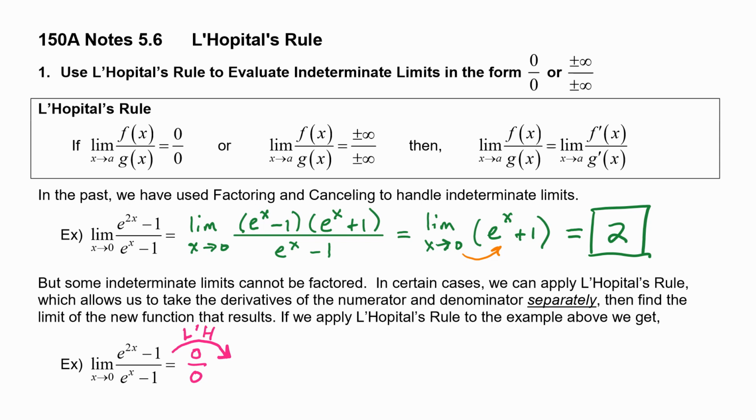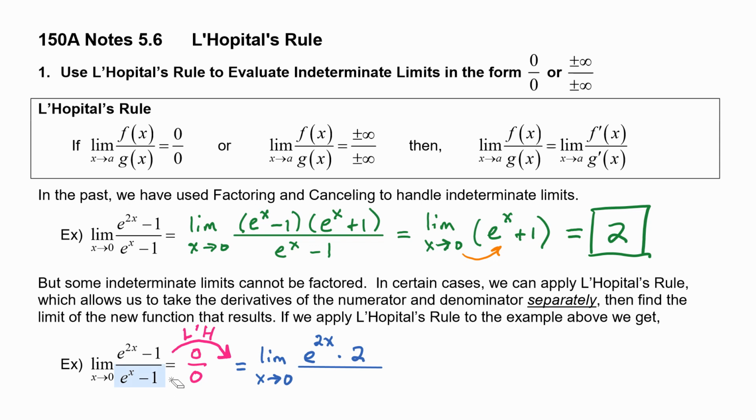So if we apply L'Hopital's rule, then this becomes the limit as x approaches 0. Now, L'Hopital's rule says take the derivative of the numerator separately from the derivative of the denominator. So the derivative of this numerator would be e to the 2x, and then chain rule says you got to take that times 2.